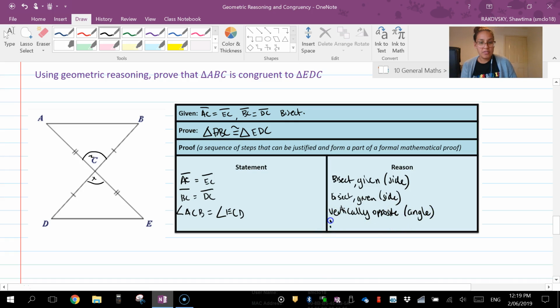And then therefore triangle ABC is congruent to triangle EDC, and the reason is side, angle, side, because this side corresponds, side 1, this side corresponds, side 2, and this angle corresponds. So we can use that information for congruency.